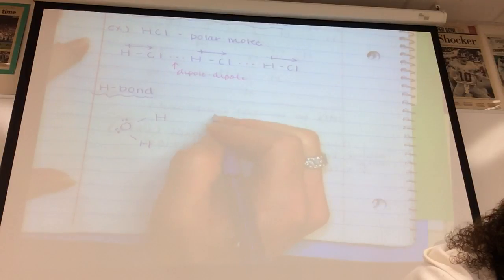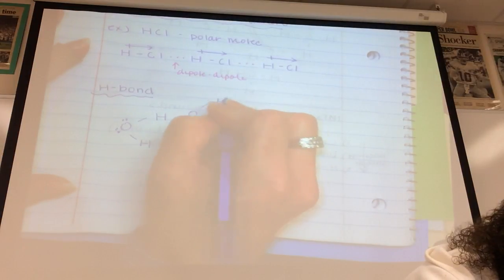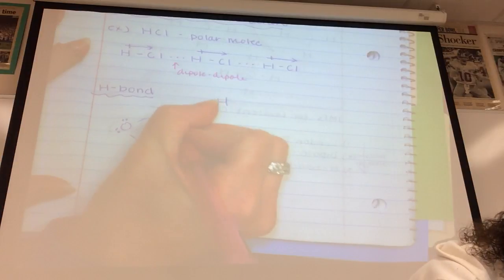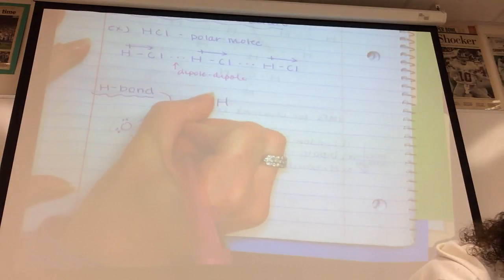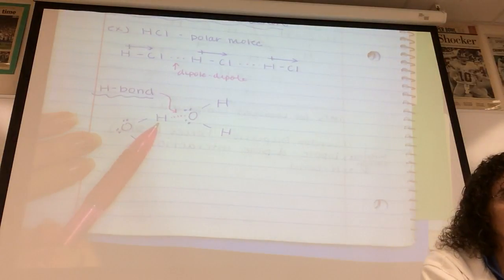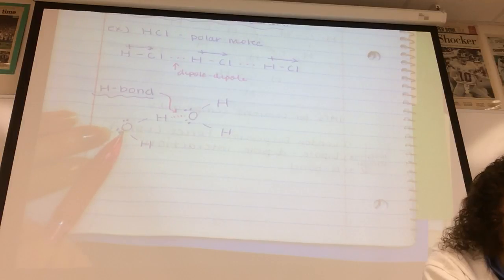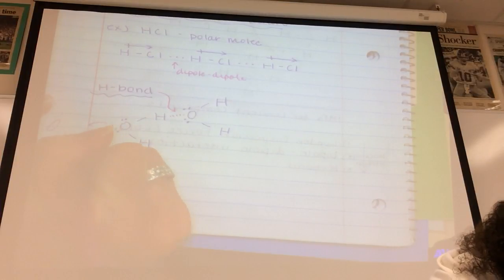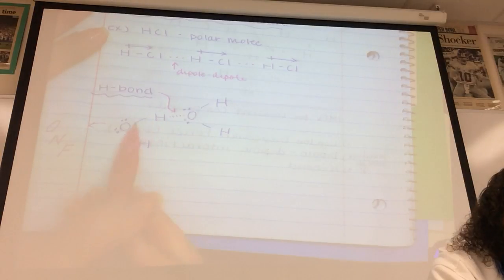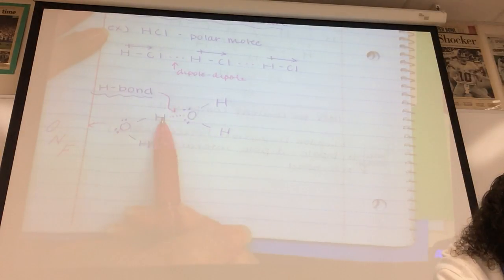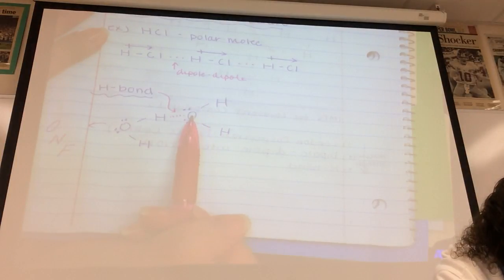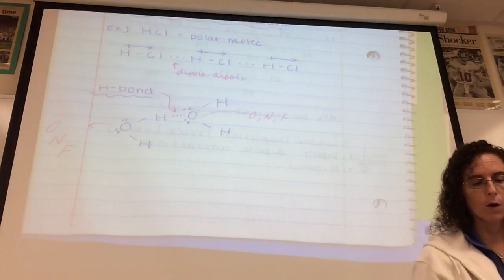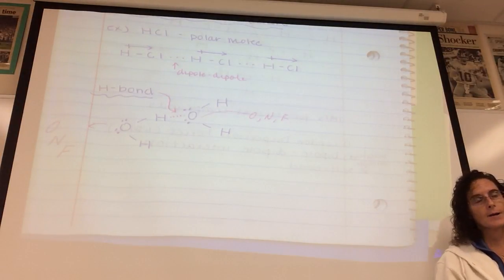If you have water molecules, this is a special type of interaction in which a hydrogen atom that is covalently linked to an O, N, or F can hydrogen bond with another electronegative atom, again, could be an O, N, or F. A good example would be water, ammonia, hydrogen fluoride.